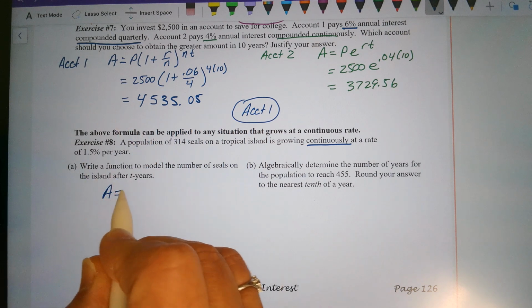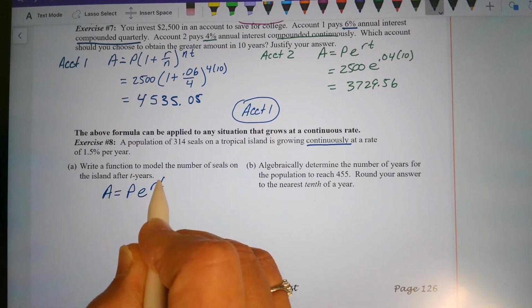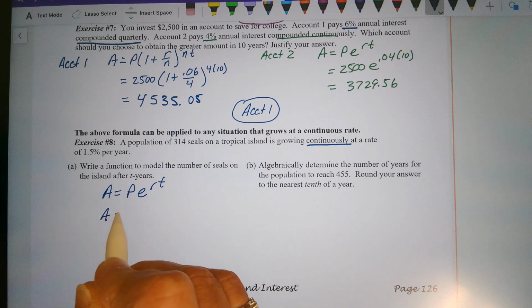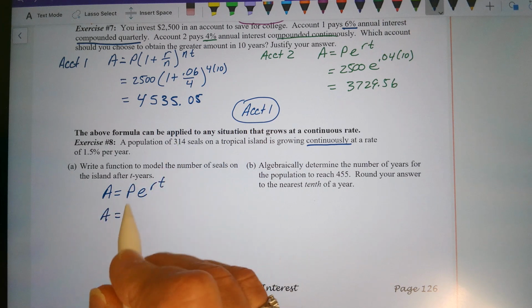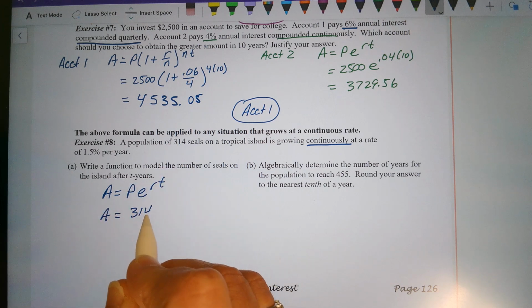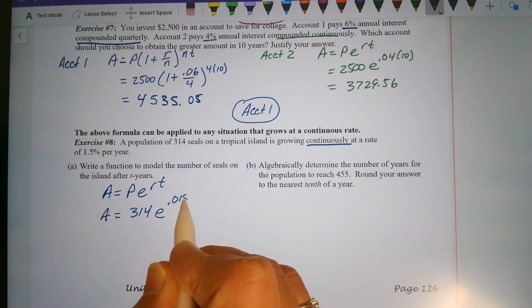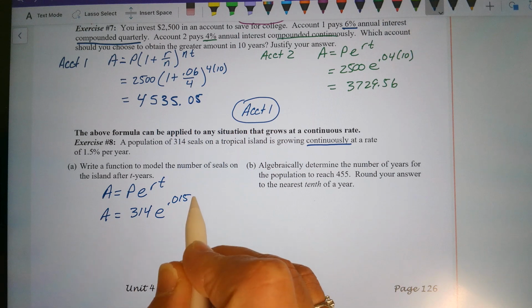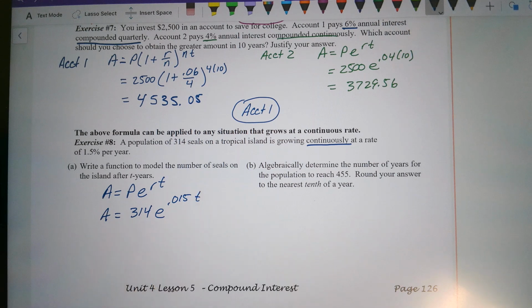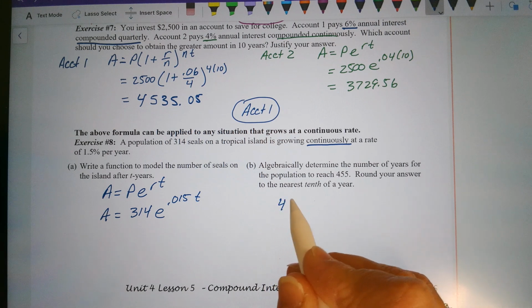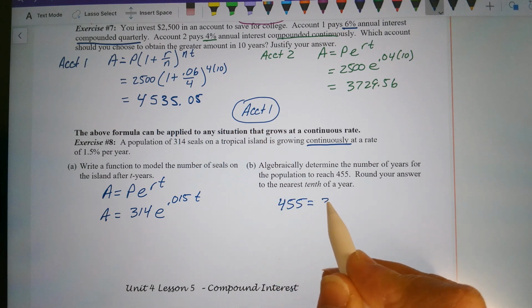So we're using A equals P times e to the rt. Right here, P is our population of 314. 0.015 to the t. So there's our function. And now algebraically determine the number of years for the population to reach 455. So 455 replaces our capital A.